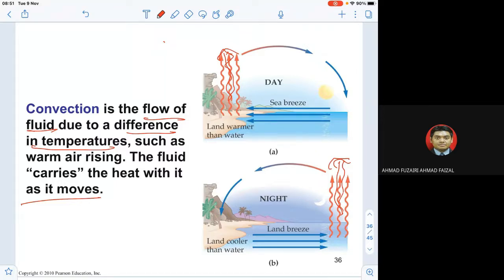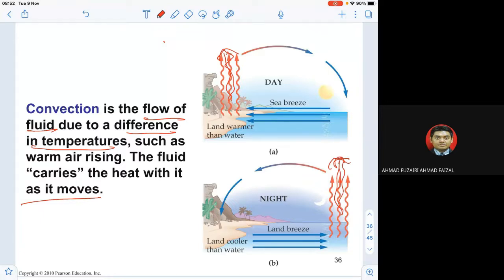So in the daytime the land gets warmer and the sea breeze replaces it. At night, the land breeze will flow from land to sea, because the sea has a higher heat capacity, so it stays warmer for a longer time.